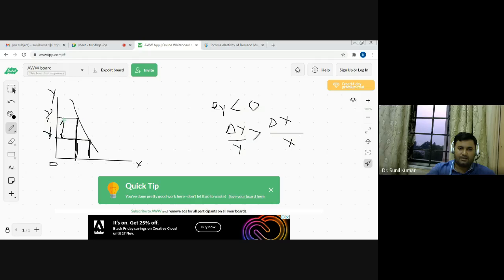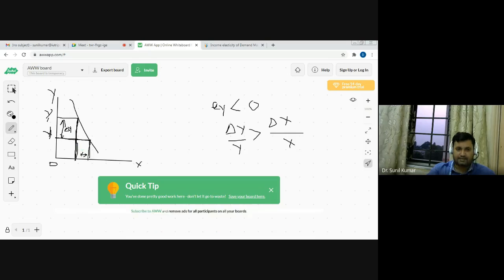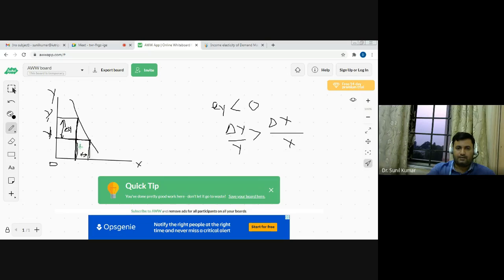This one is known as delta Y, we'll write the delta Y, and this difference is known as the delta X. That is the delta X. This is the demand curve.